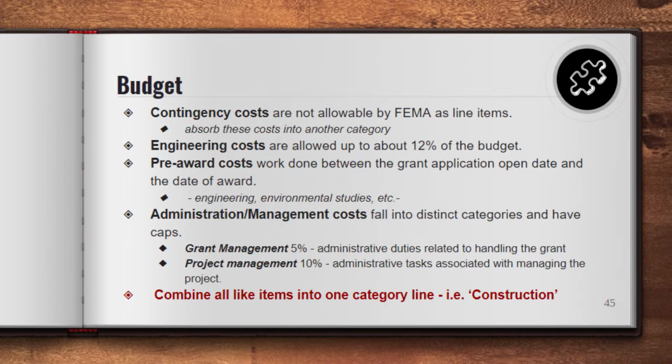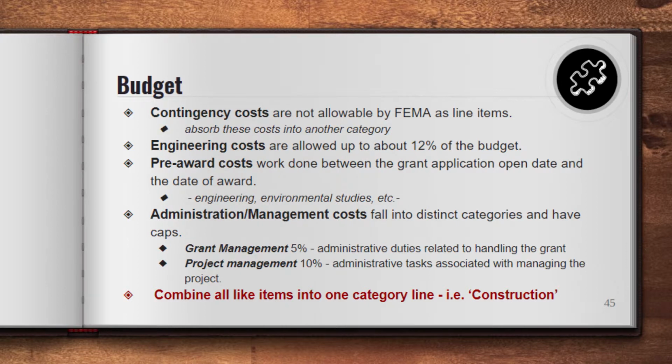Engineering costs. Your engineering can be up to, and this is one of those vague things that FEMA just tells us, we can't ever find an official number anywhere, but if it's under 12%, they usually don't question. If you give us a budget where your engineering costs 45% of your project, they're going to question that. They're going to ask why the engineering is so much compared to what the project is.